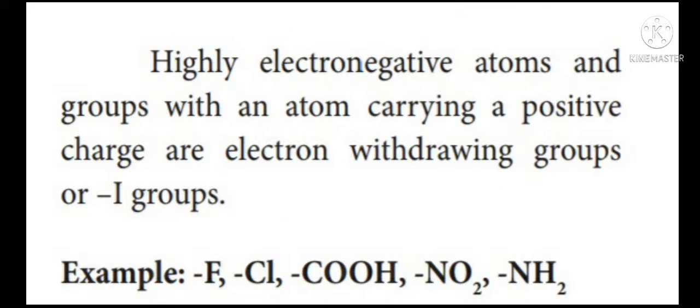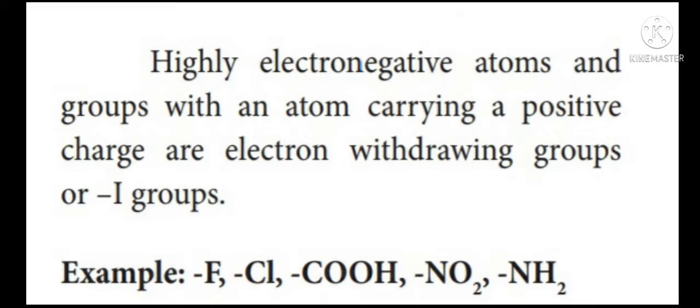What are minus I groups? Highly electronegative atoms and groups with an atom carrying a positive charge, or electron withdrawing groups, are minus I groups. Here we have some examples for minus I groups.